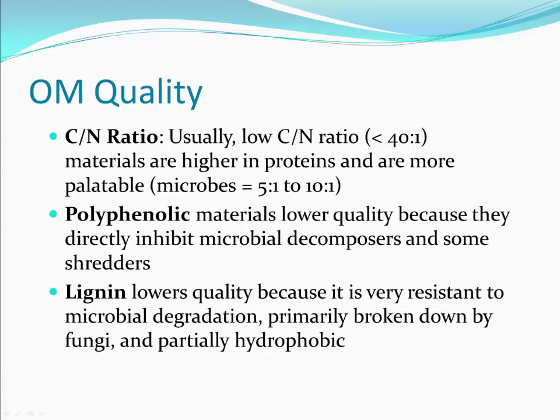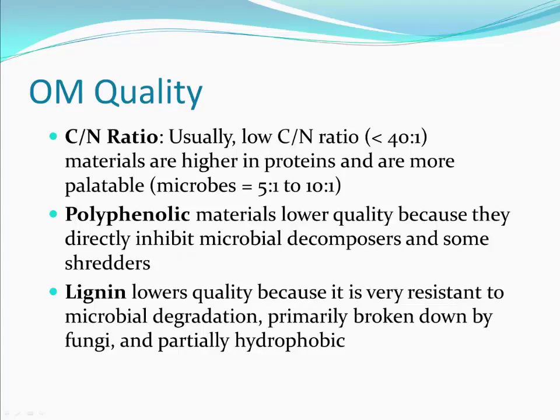Well, what about the organic matter quality here? High quality organic matter has a carbon to nitrogen ratio somewhere between 5 to 1 and 40 to 1. And the bodies of microbes themselves range from 5 to 10 to 1. And polyphenolic materials have lower quality because they directly inhibit the lives of decomposers.